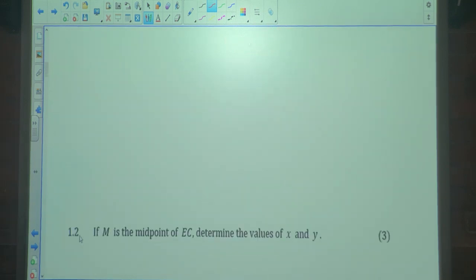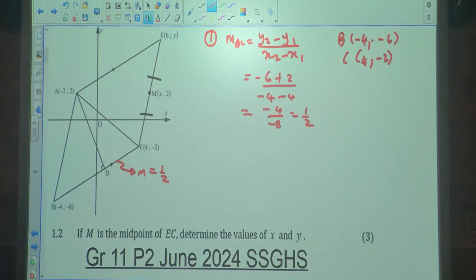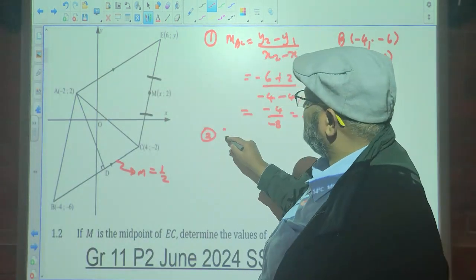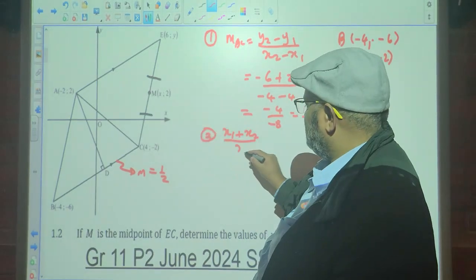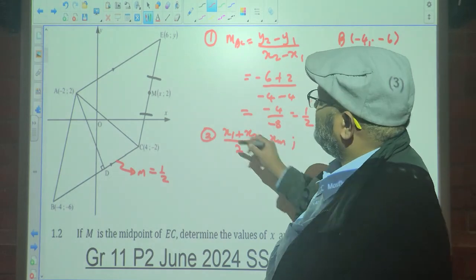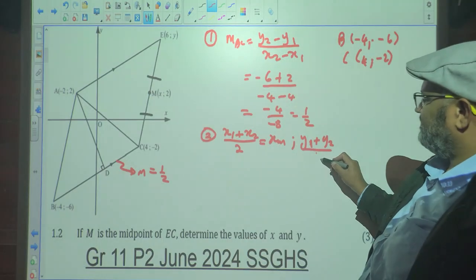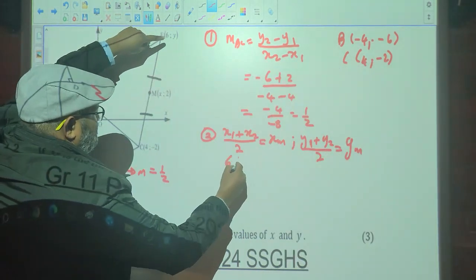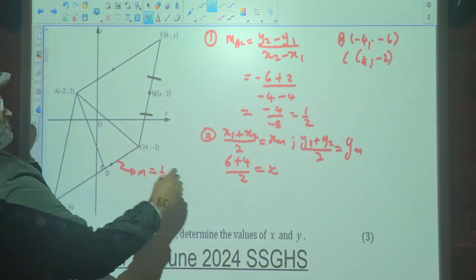Question 1.2. If M is the midpoint of EC, determine the value of x and y. So if this is the midpoint, we know that x1 plus x2, the endpoints, over 2 equals x mid, and y1 plus y2, the two endpoints, over 2 is equal to the y mid. So 6 plus 4 over 2 is equal to x, the midpoint there.